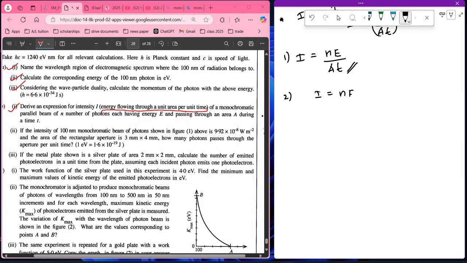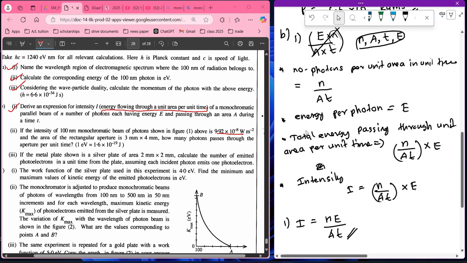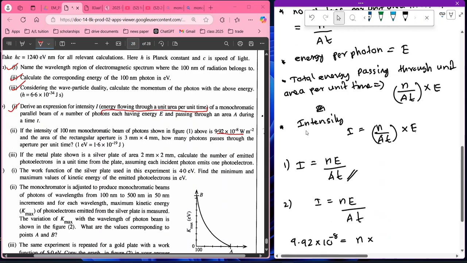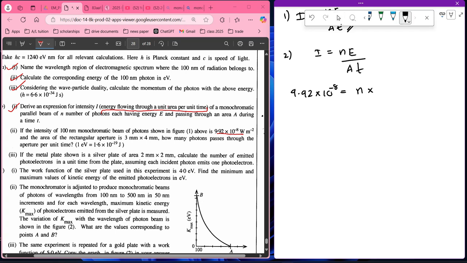Again, write down the equation for n. Intensity is given, that is 9.92 into 10 to the power minus 8. N we don't know. Energy we obtained above, that is 12.4 eV.